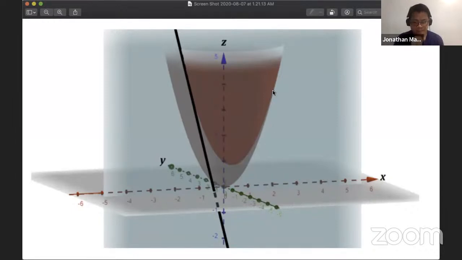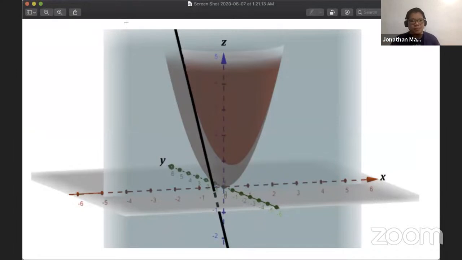Okay. So just for an orientation, ito yung positive x-axis. Etong nasa likod, yung green na line, papunta sa likod, that is your positive y-axis. Okay? So, and this is your positive z-axis. So, you have a paraboloid opening upward.